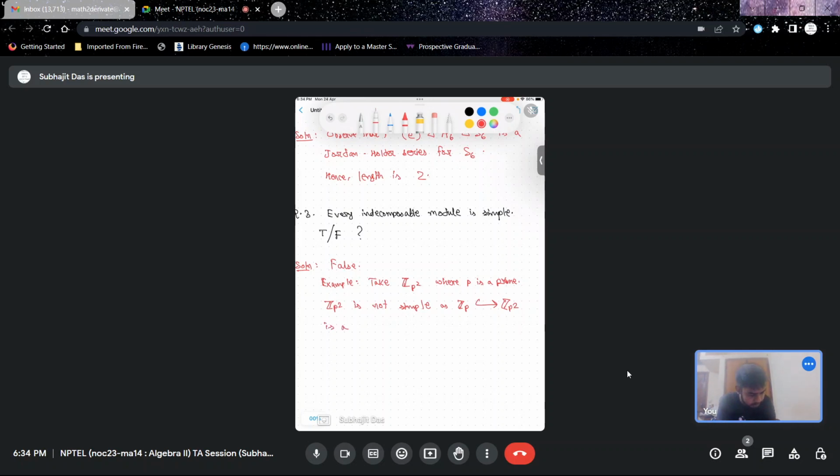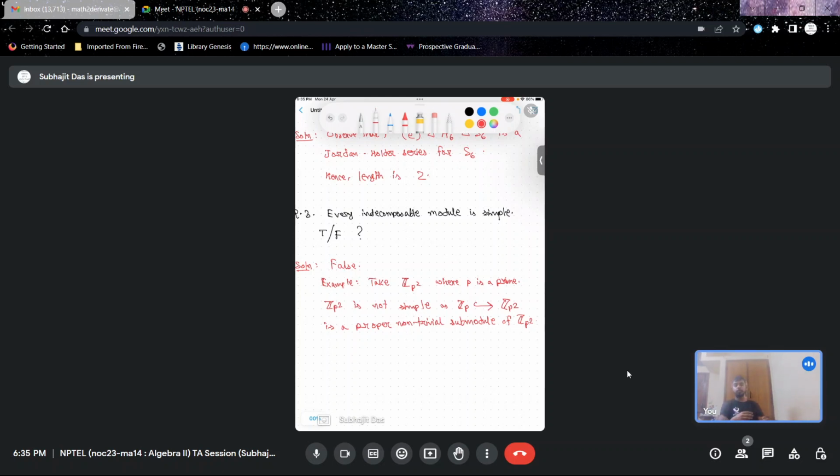Is this embedding... so Zp can be embedded into Zp square, and this Zp, the image of Zp under the monomorphism, is a proper non-trivial submodule of Zp square, right?